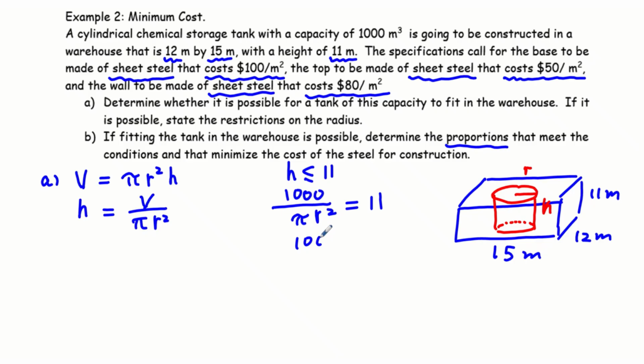We have 1000 divided by pi times 11 equals r squared. So r equals the square root of 1000 divided by pi times 11. Do the calculation, we are going to be able to find out the value. So height is maximum, then this one is our minimum.